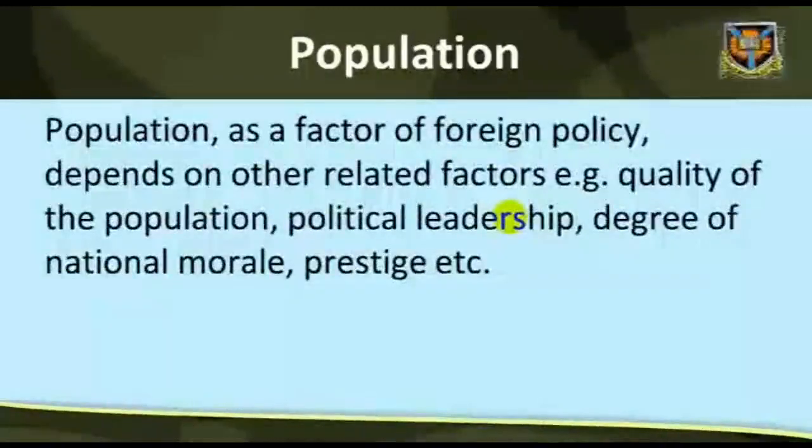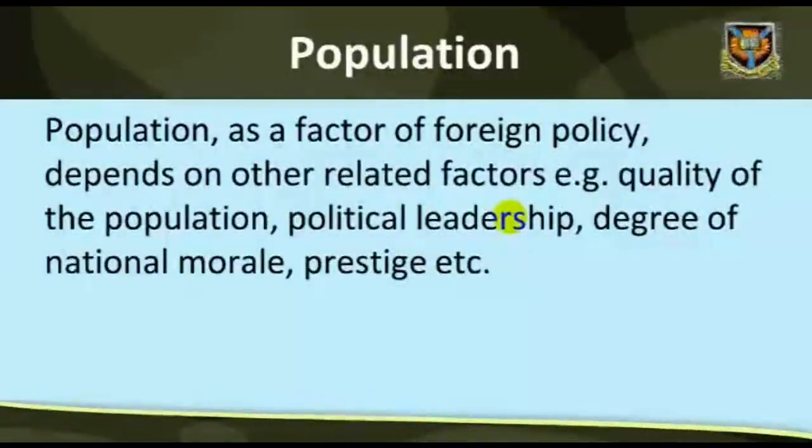Population as a factor of foreign policy depends on other related factors, e.g., quality of the population, political leadership, degree of national morale, prestige, etc. The staggering population of the Arab nations will not overwhelm the moral collectivity of Israel, nor could America's might subdue the fighting spirit of the Vietnamese forces.